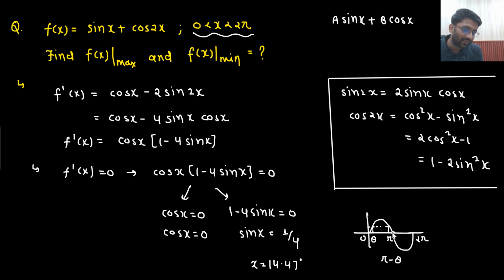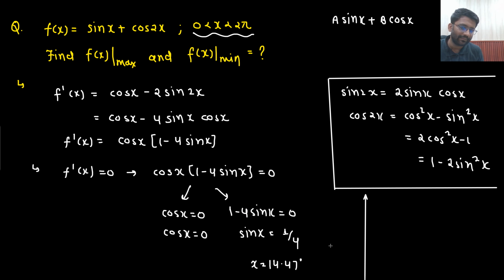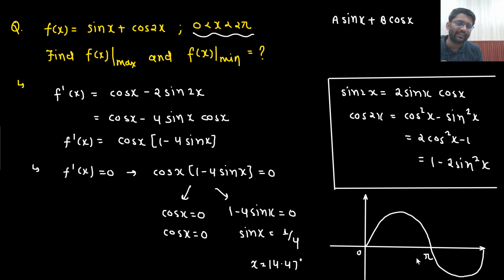Because this point is pi. So pi minus whatever the distance, let's make it a bit bigger, then you will be able to understand. After that it is also going on, but that's not our matter of concern. Our matter of concern is between 0 to pi. Why is that so? Because I need to know the value of x when sin x is 1 by 4.